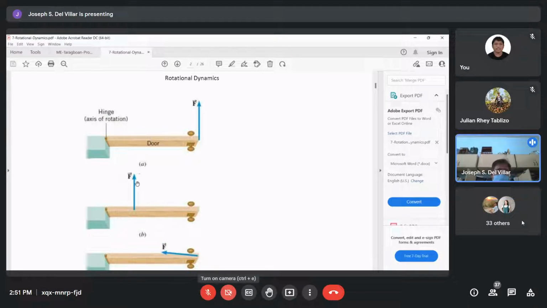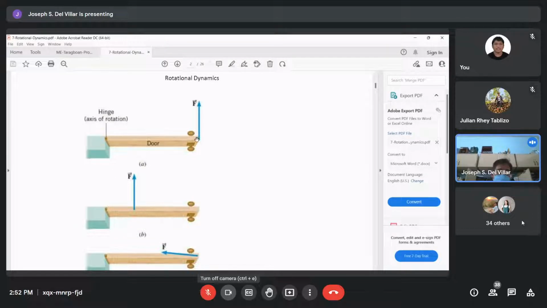Whereas, when you compare the torque produced by the force in figure B, assuming the same magnitude of the force, but the lever arm of this force is only this distance. Itong maiksing distance na to. So if we multiply F by this distance, maliit siya as compared to the product in A.